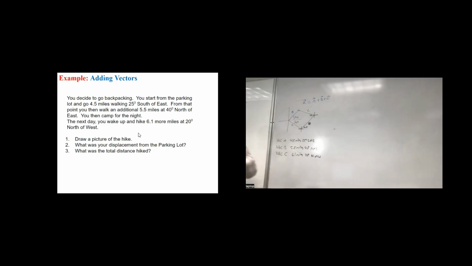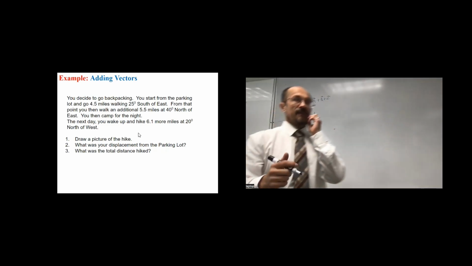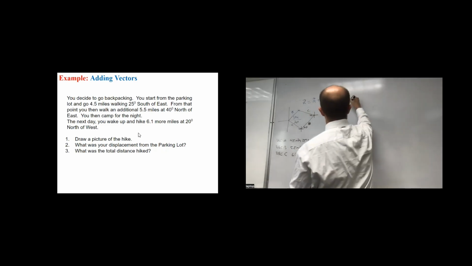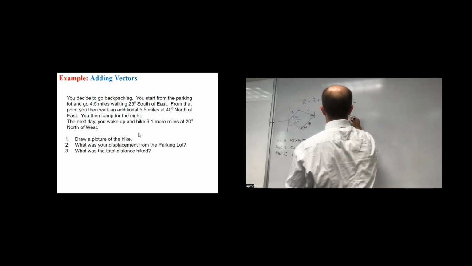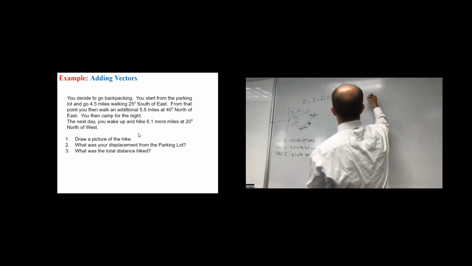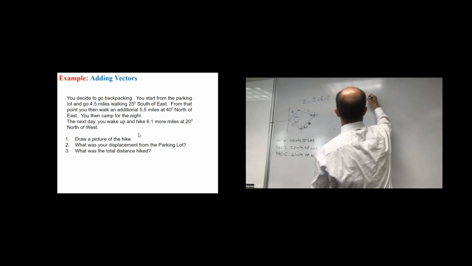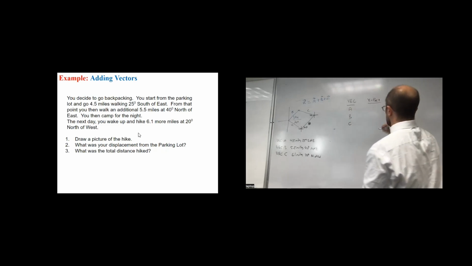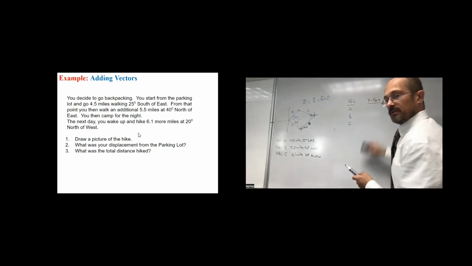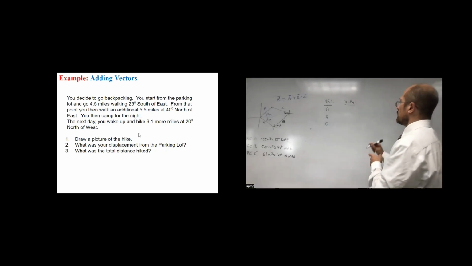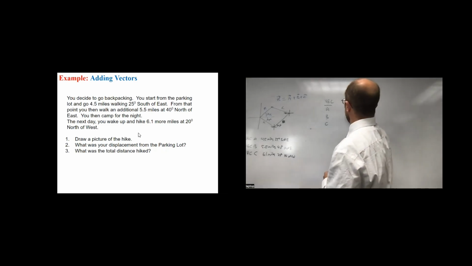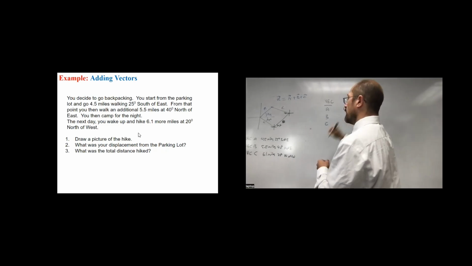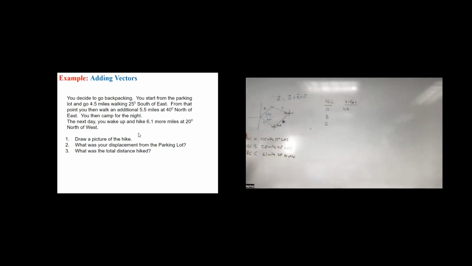Now, to do our components, here are our vectors A, B, C, and then we're going to have our X part and our Y part. There are two ways you can do this. The easiest way is to look at your picture and assign the plus or minus.